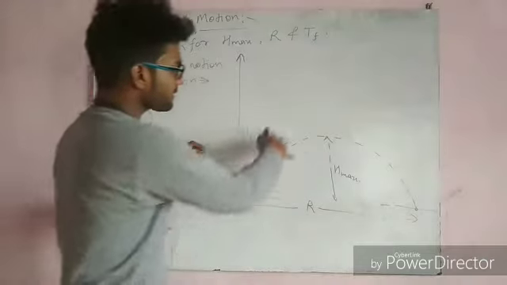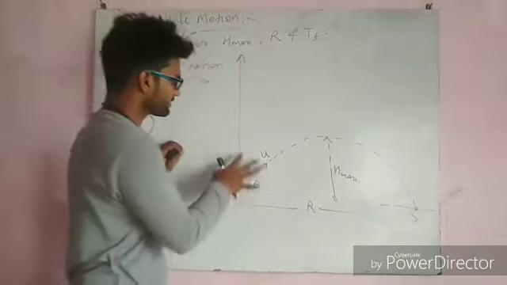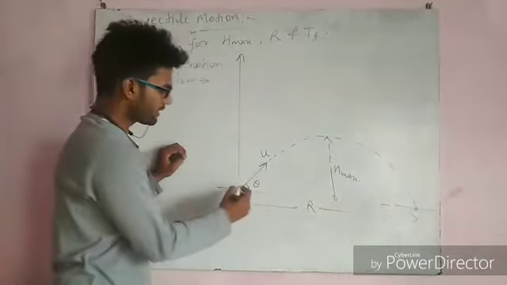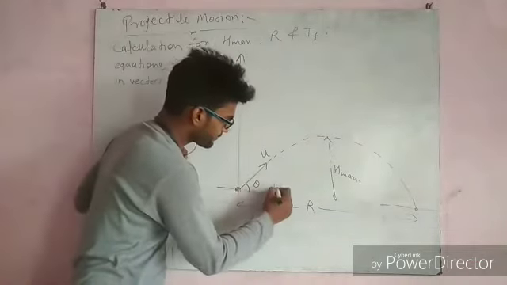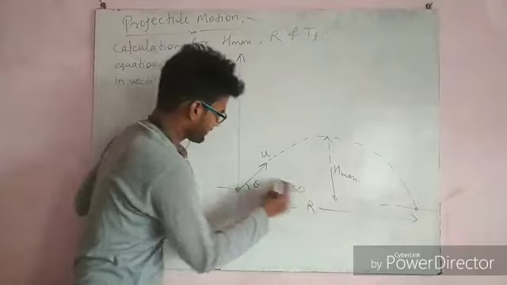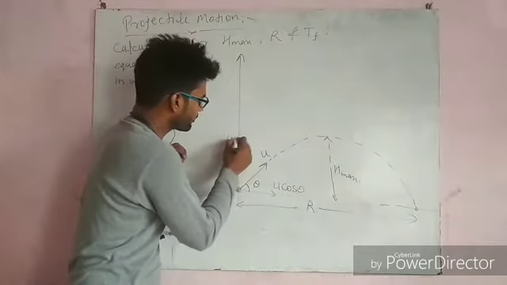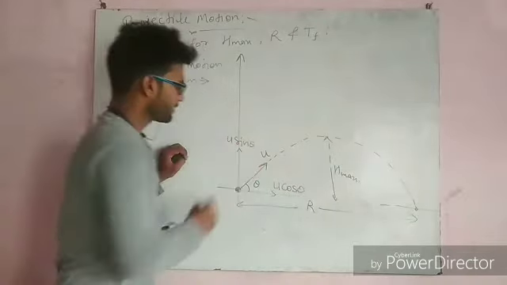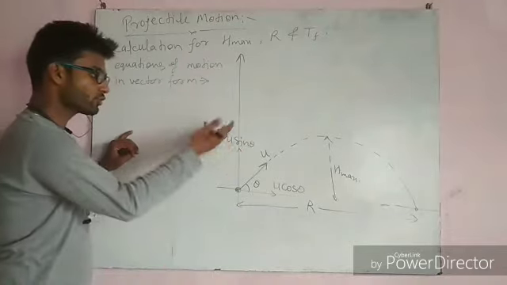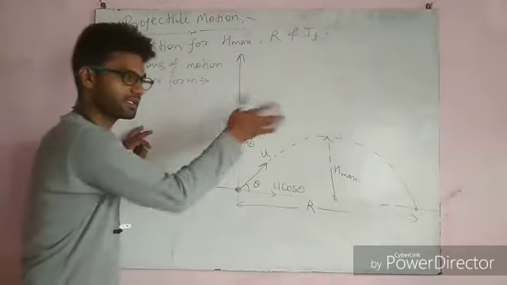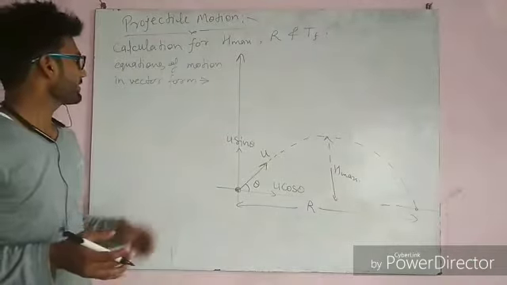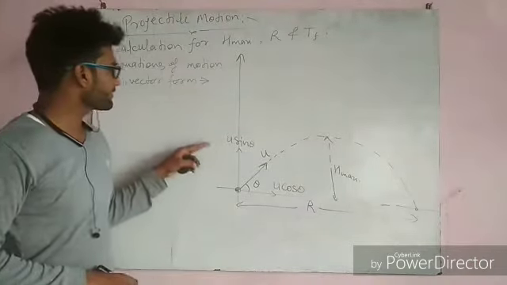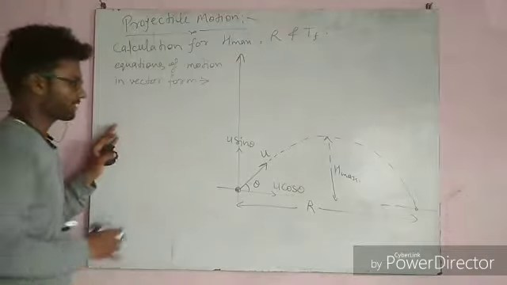Because this is a plane motion. So there will be two components of this velocity: u cos theta, and the vertical component u sin theta. So there are two directions and the direction is continuously changing, so we'll have to take all these quantities in vector format, right?